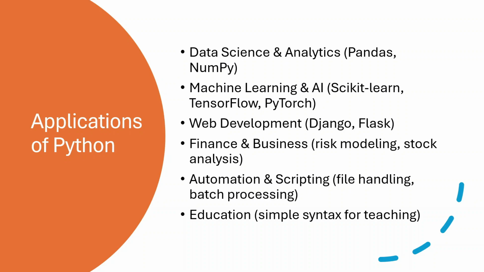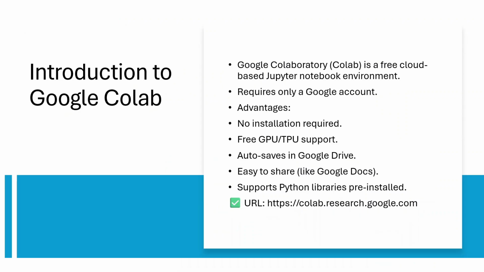For web development, Django and Flask. In finance and business, it is used for risk modeling and stock analysis. For automation and scripting, it is used for file handling and batch processing. In education, its simple syntax is used for teaching. So these are the domains where Python is used.